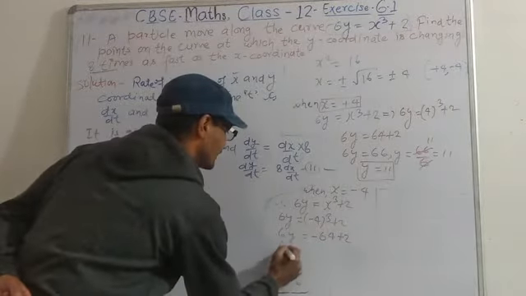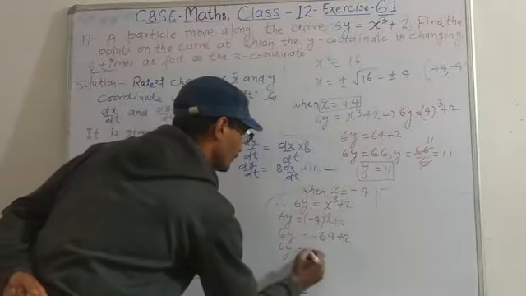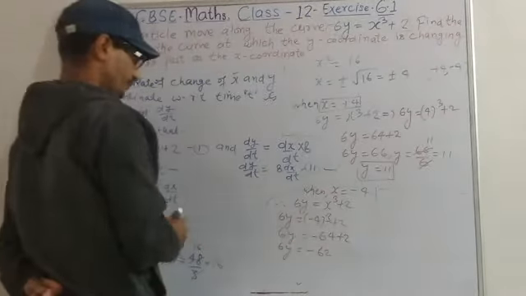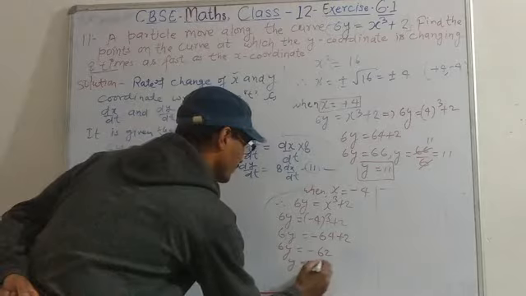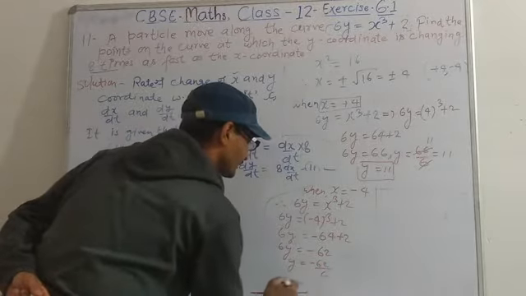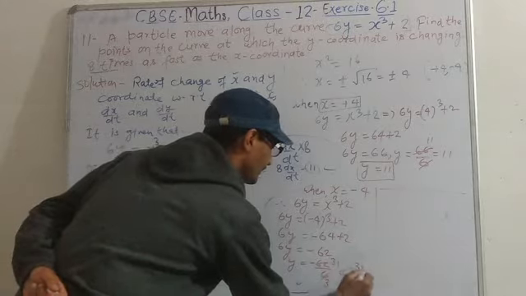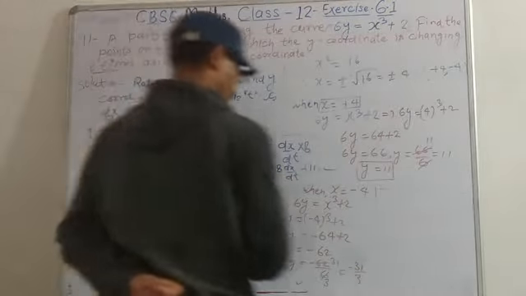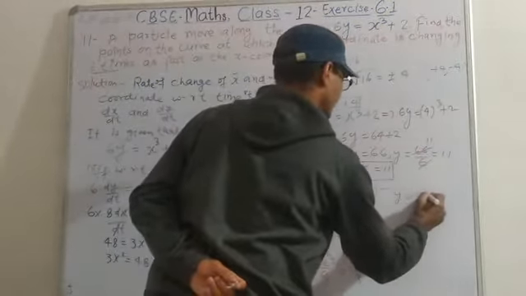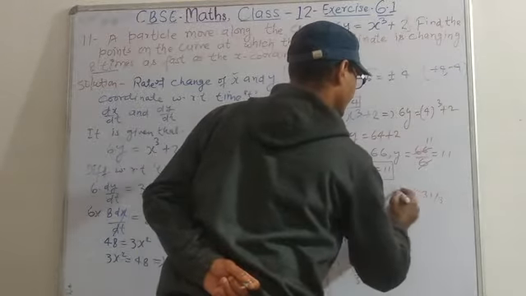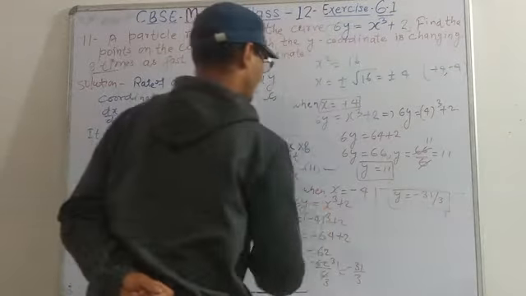That means 6y = −62, so y = −62/6 = −31/3. So here y is −31/3.